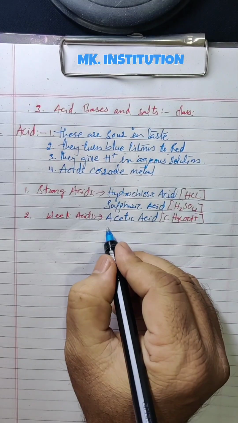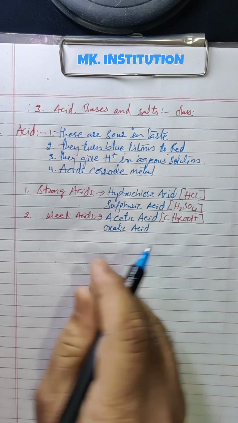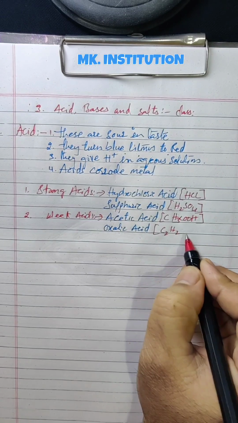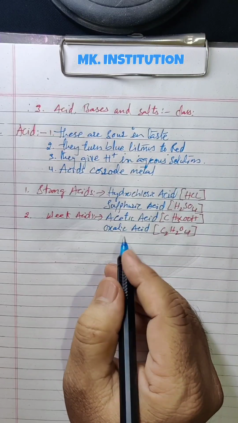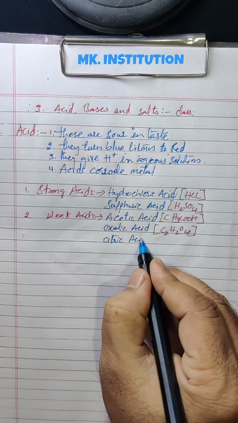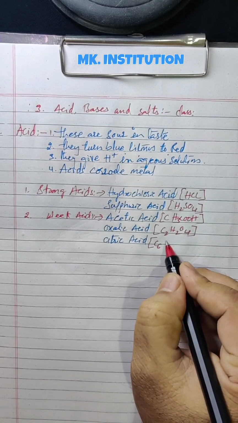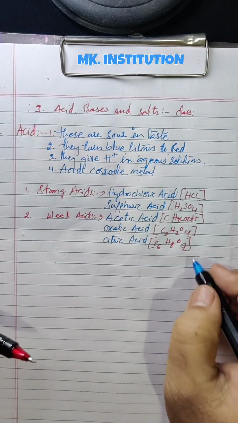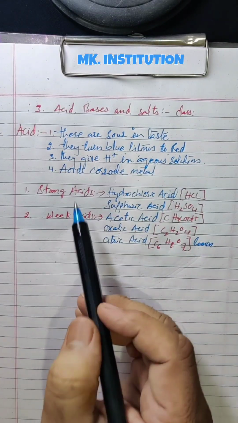The next one is oxalic acid, formula C2H2O4. And still one more, citric acid, C6H8O7. Especially in lemon and sour things, you can find citric acid. So these are the acids.